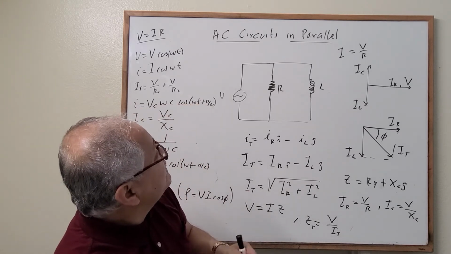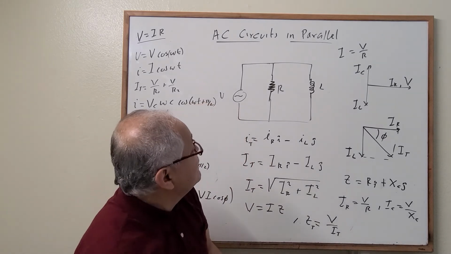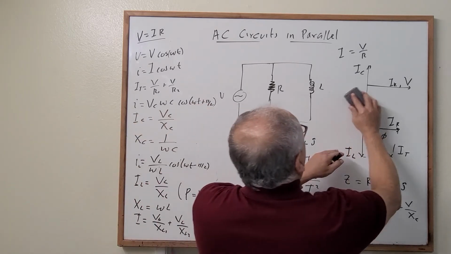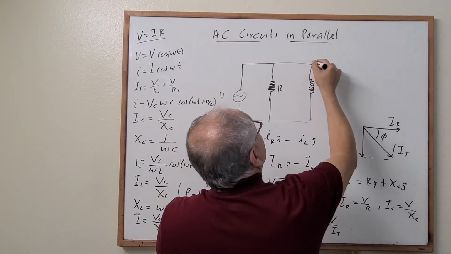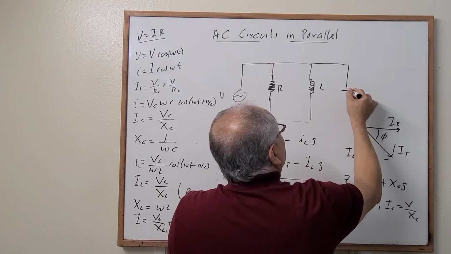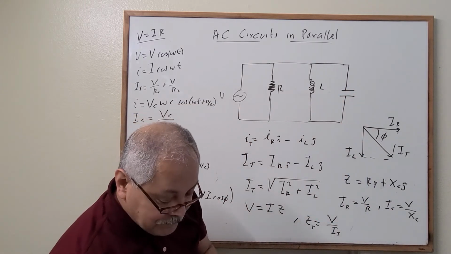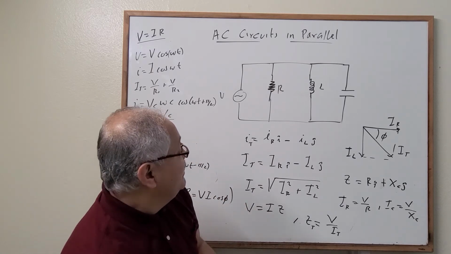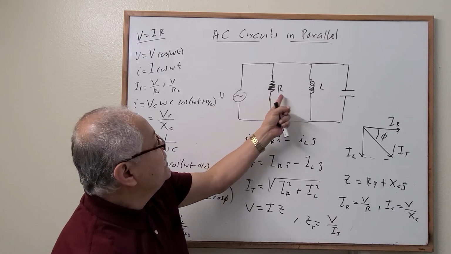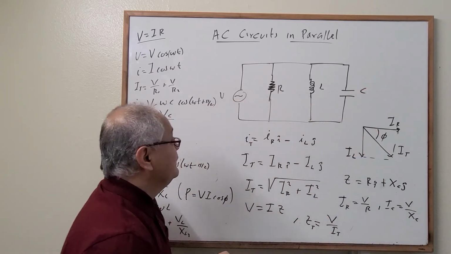Okay, now what happens if we have all the elements together? Imagine now we have a capacitor added to this system, right? Now let's add a capacitor, and we have all the elements that we are dealing with so far: the resistor, the inductor, and the capacitor.